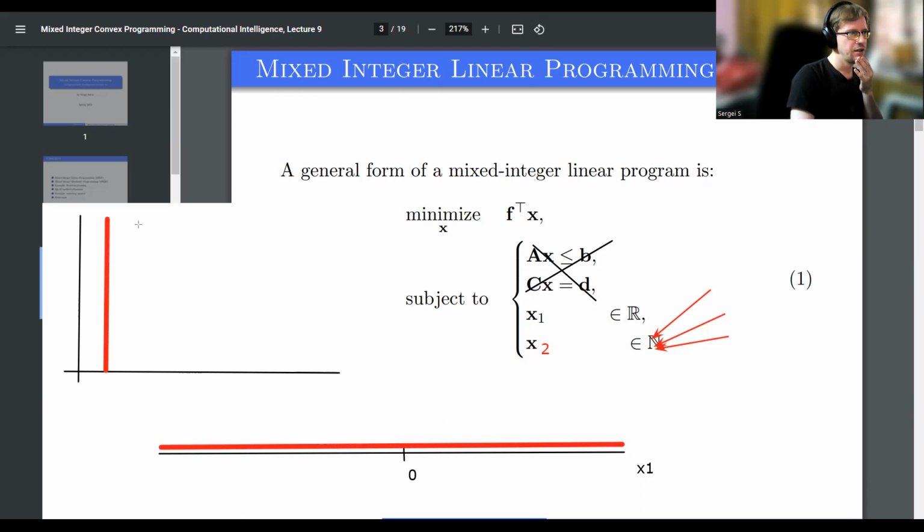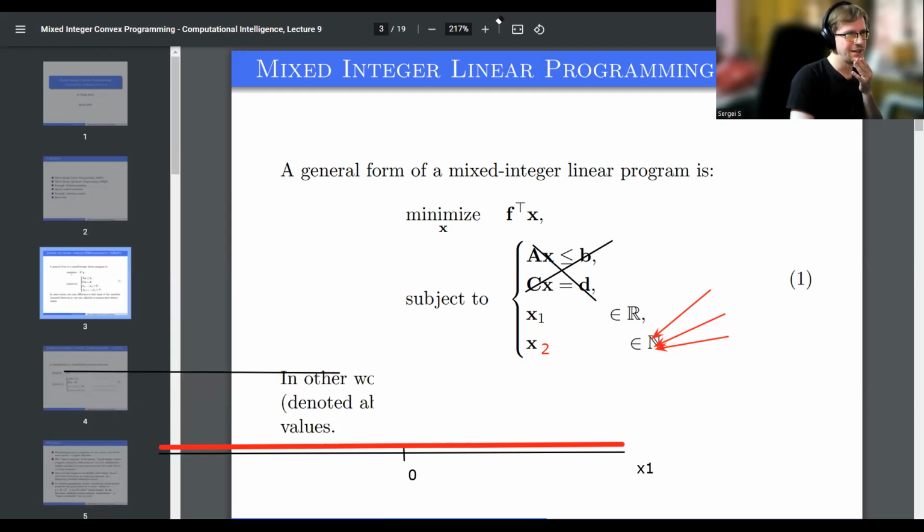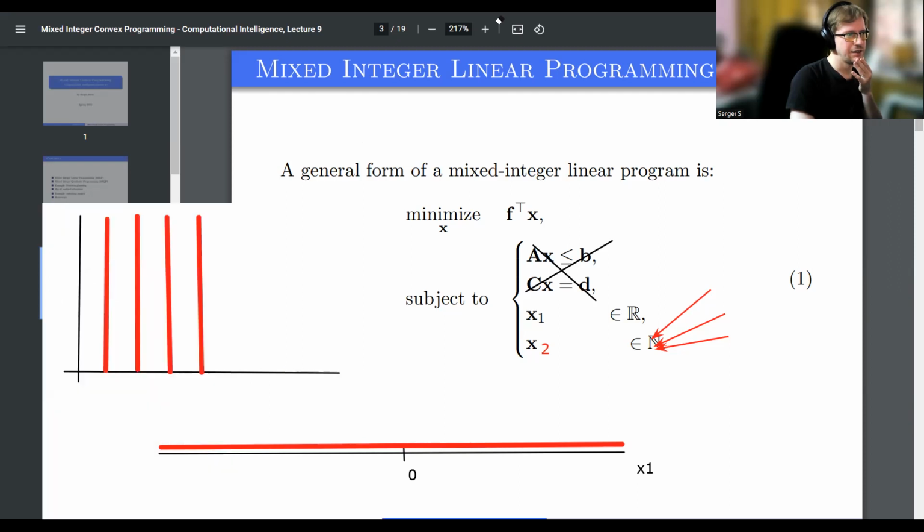So it is, let's say, 1, 2, 3, 4, etc. This is number 1, this is number 2, number 3. This is x2. All right. So this is the domain.